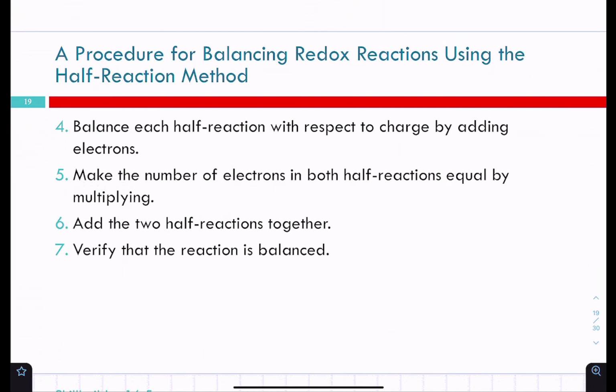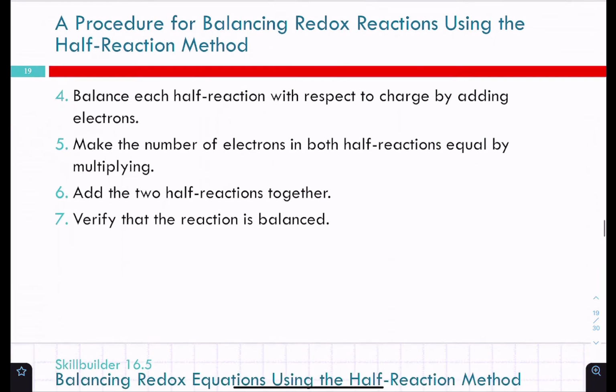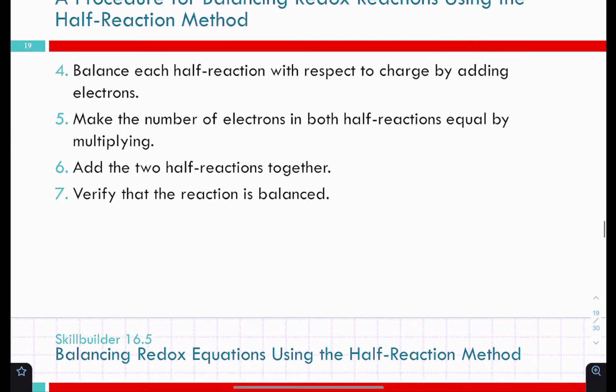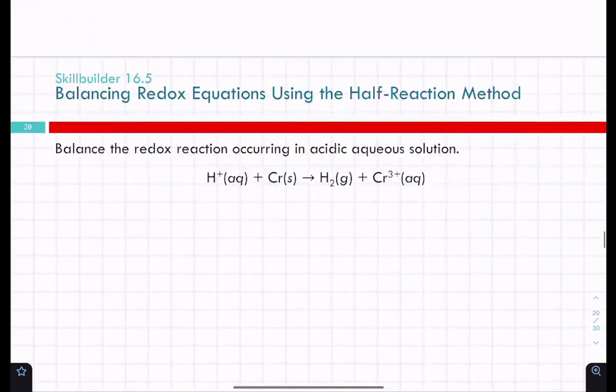It's a trick we've seen a few times. Then you add the reactions together, cancel out everything that's the same on both sides, and verify that you've balanced it and that the charges are equal. The half reaction method is the most methodical way to do this.